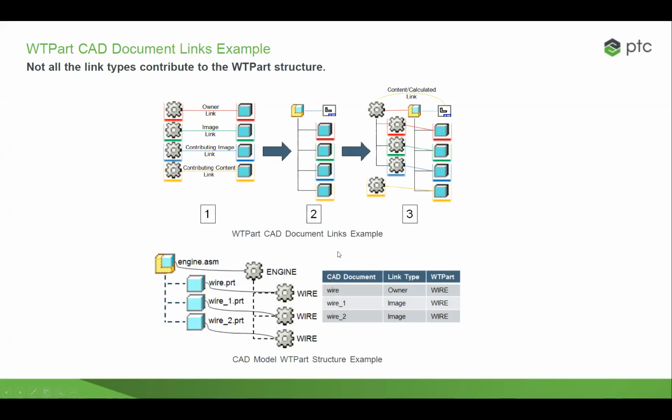So that's one case. The other case is here, which is sometimes you have to manage flexible components. For example, you may have wires or springs or actuators. So in your CAD assembly, depending on the capabilities you're using in Creo, if you're not using the Creo flexible feature, you may create multiple CAD models like you can see here with wire 1, wire 2, and wire 3. But that's what you have in your CAD model.